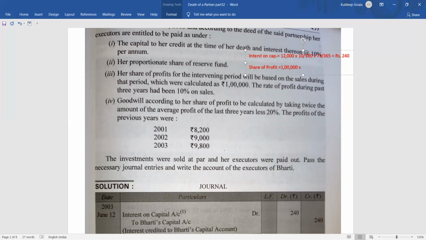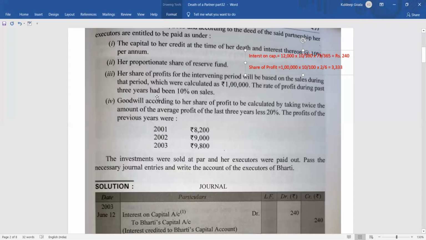We are making a sale of 1 lakh, so 10% of that will be the profit. And out of that, what is Bharati's share? Bharati's share is 2 by 6. So ultimately it is coming to 3,333. This is Bharati's share of profit.